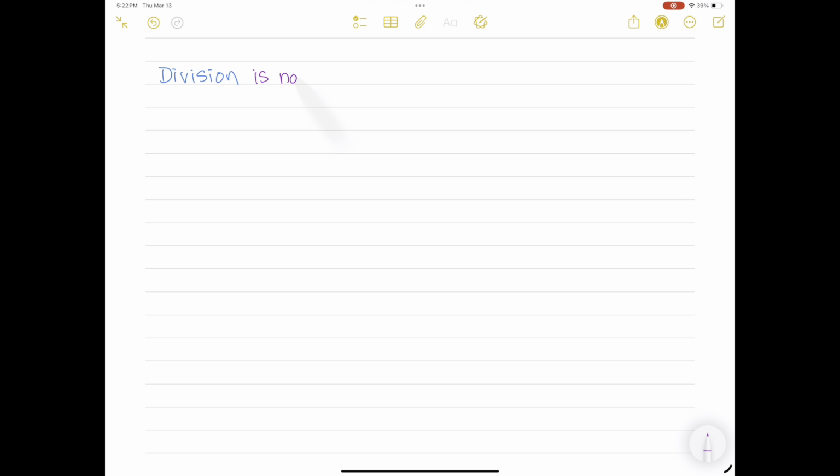Division is not commutative and associative. Now, these are a lot of unfamiliar words which you may find very confusing, and we will use variables a, b, c to represent numbers to describe what commutative and associative means. So a divided by b does not equal b divided by a.